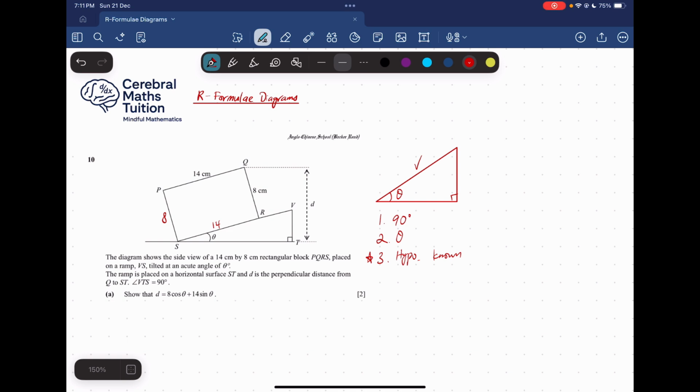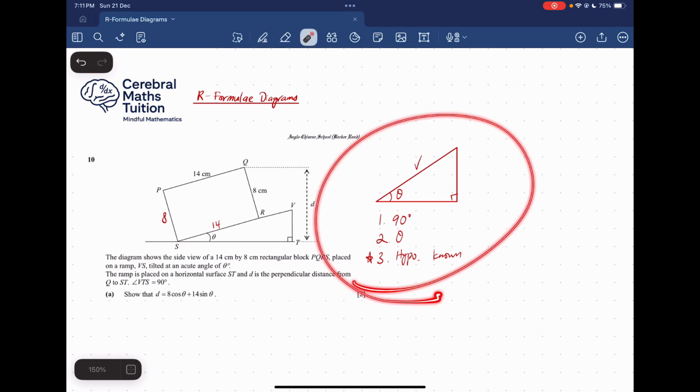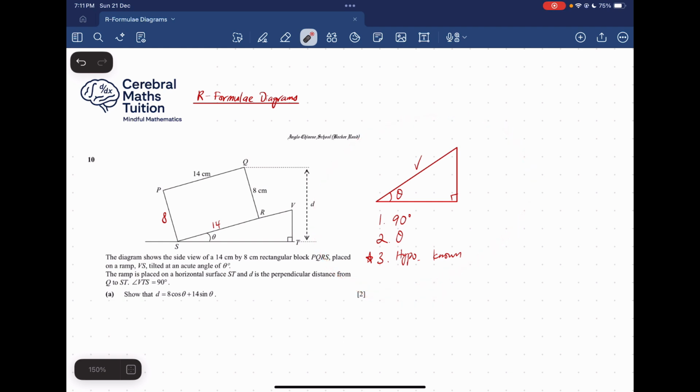So based on the location of the 14s and 8s, we should be trying to look out for other right-angled triangles with all three elements present. Usually we have to draw lines that create right-angled triangles. The lines that we draw are usually horizontal or vertical lines, because all horizontal lines and vertical lines are perpendicular to each other. That's where we're going to create the 90 degrees.